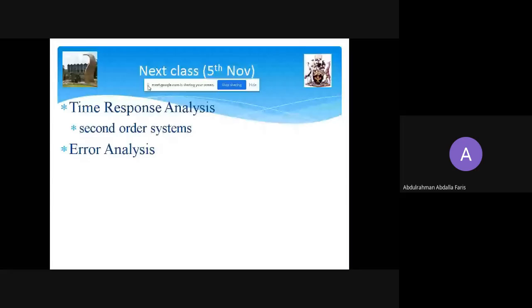I think it's going to be 20th, or 27th. Which one, 27th or 20th? 27th.